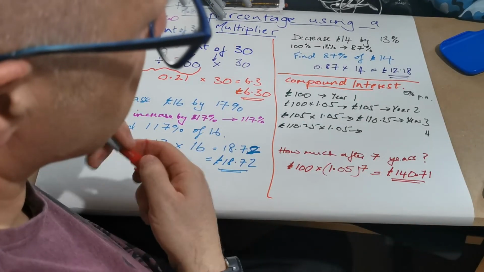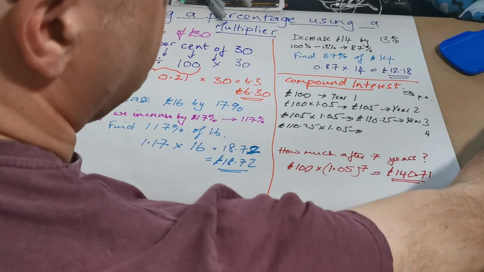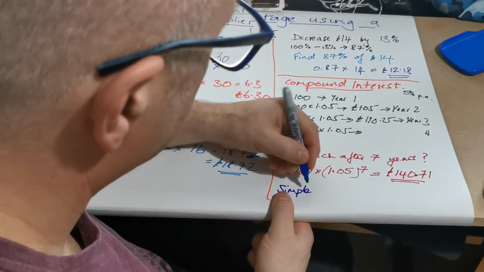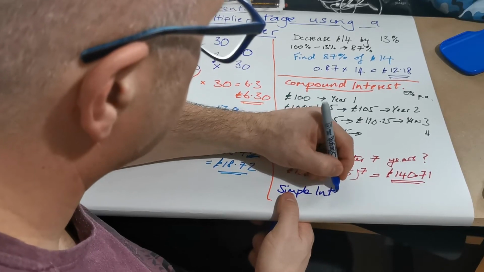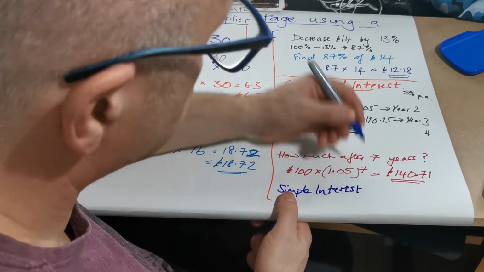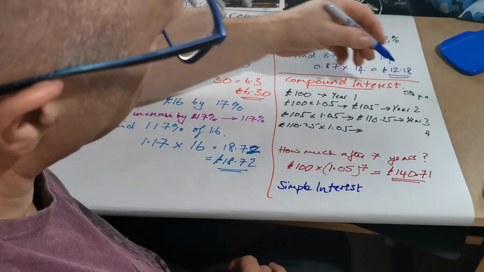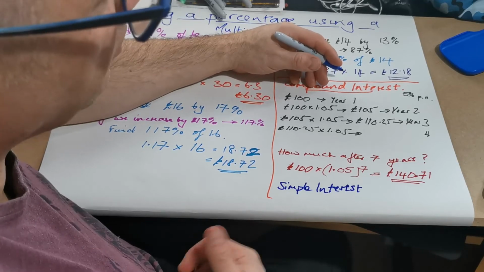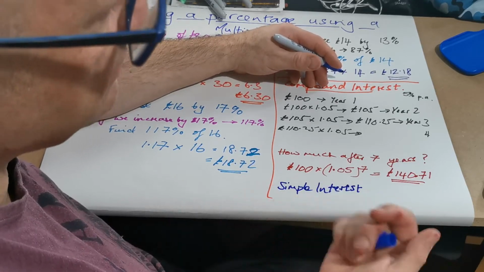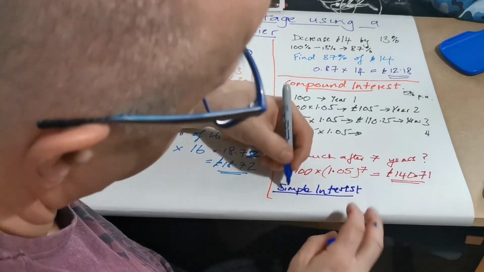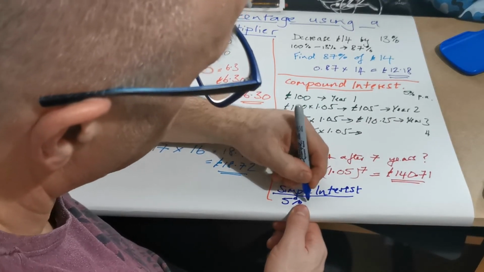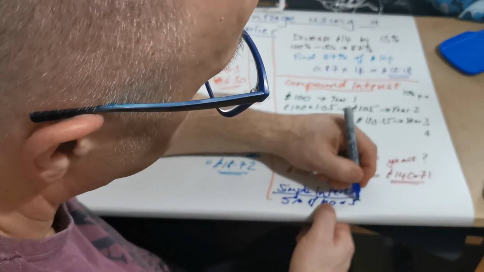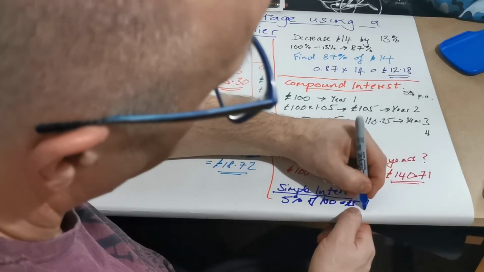Now there is an alternative where you might have simple interest, generally that's not so good, because 5% of £100 is £5, so you are going to add on that 7 times. So 5% of 100 is £5 for 7 years.